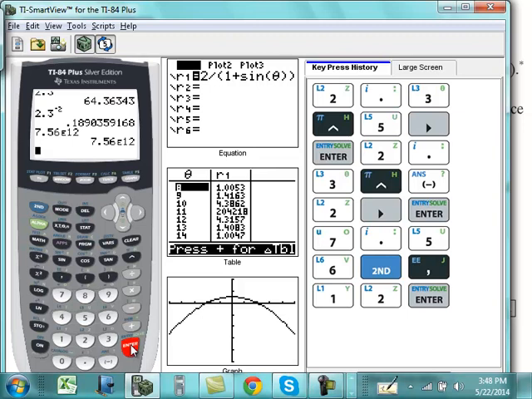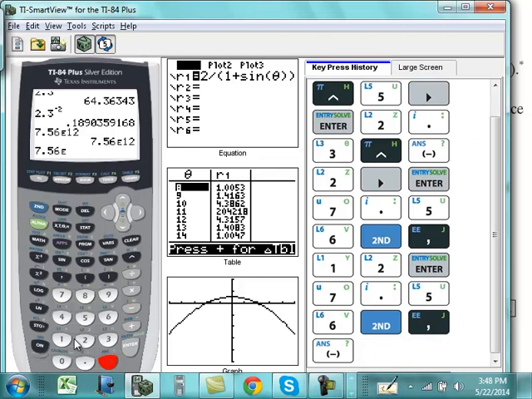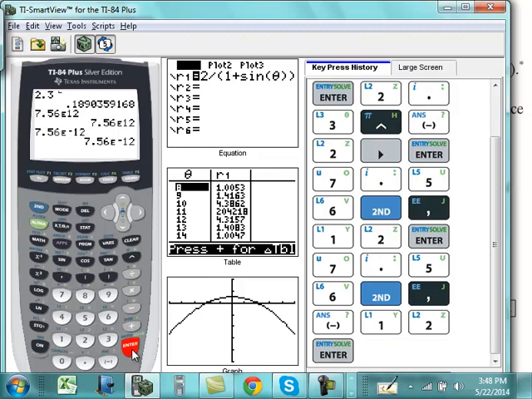And that means 7.56 times 10 to the 12th power. Or if you want to do 7.56 times 10 raised to the -12th power, then we can use that. Okay? That's how you do it.